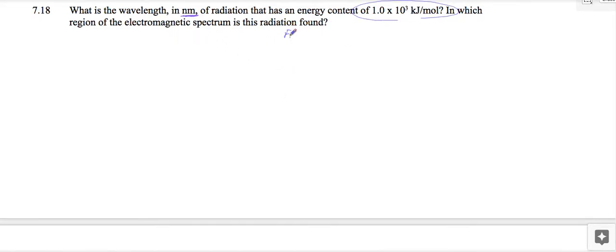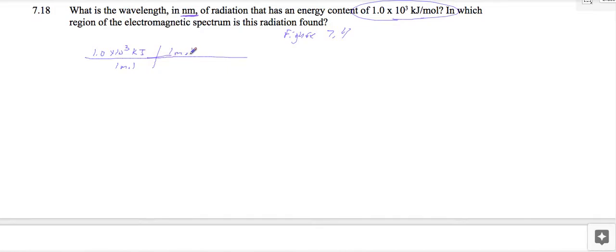We go to figure 7.4, which is the figure you go to find where it is on the electromagnetic spectrum. Now the big thing here is that it's per mole. And so we need to get it out of moles. We also have to get it out of joules. So we have 1.0 times 10 to the third kilojoules per 1 mole.